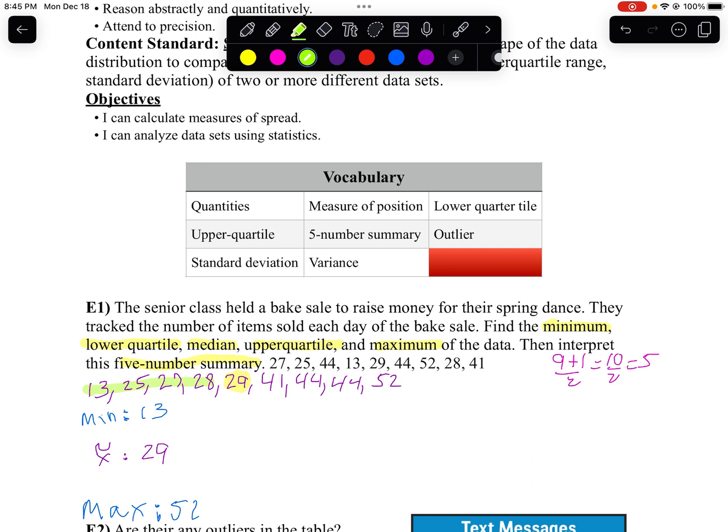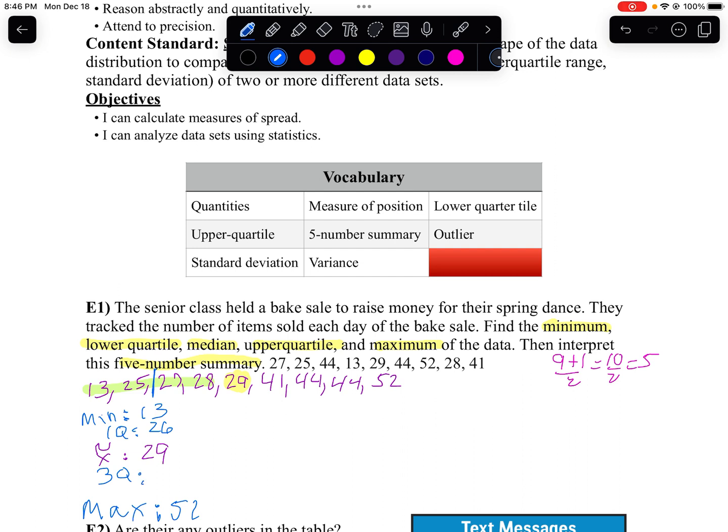Remember, when you have 4 numbers, 4 plus 1 is 5, divided by 2, it's going to be the average of the second and third number. So my first quartile is going to be between 25 and 27, or that would be 26.